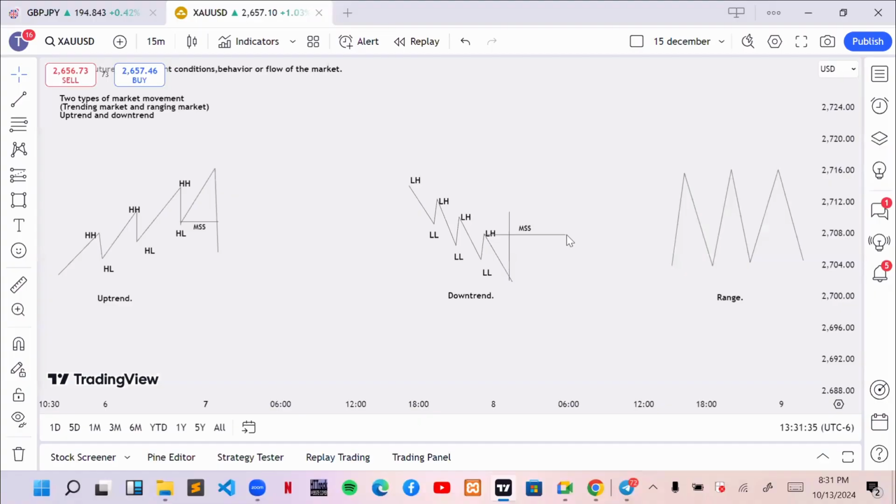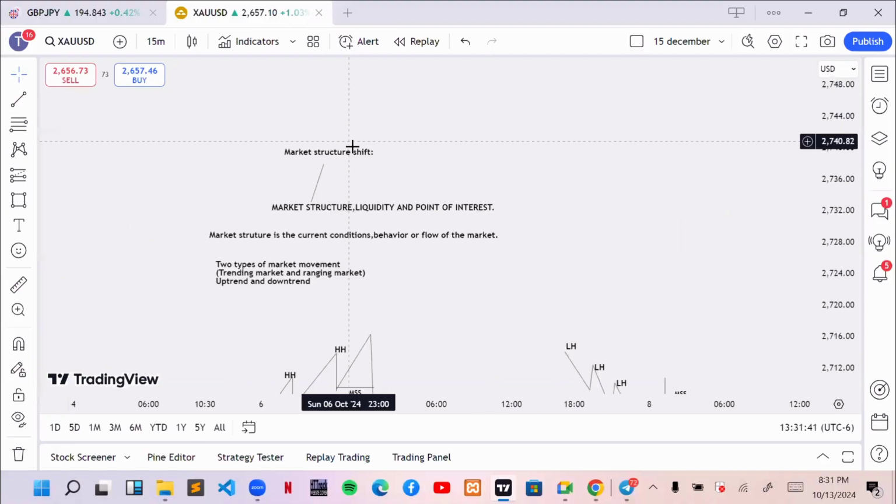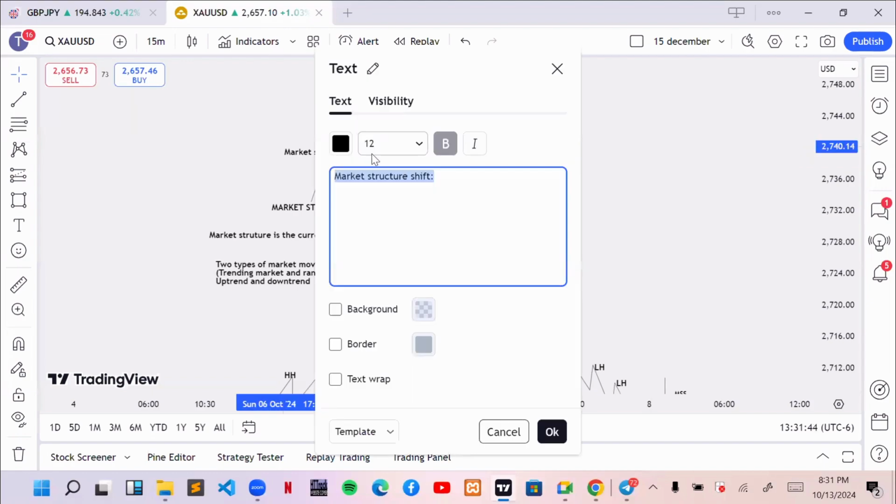So, like I said, whenever there's a market structure shift, you're not going to be looking for trades in the same direction. The market structure shift is an indication that the current trend is about to end and the new one is about to begin in the opposite direction.